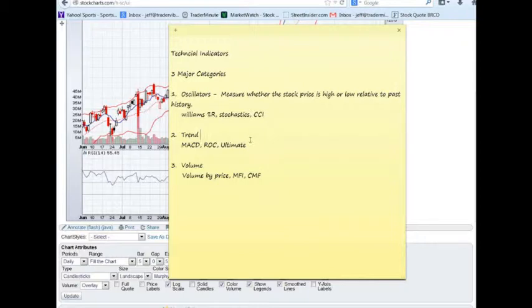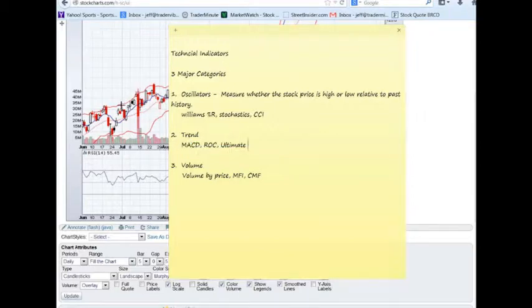But you need to keep in mind that stocks trend on average about 40% of the time, and they oscillate about 60% of the time. What does that say about a trend indicator? It actually may be less accurate than it is accurate. And we can see that when we go and look at these. Doesn't mean these trend indicators don't have a time and a place, but we've got to keep that in mind.